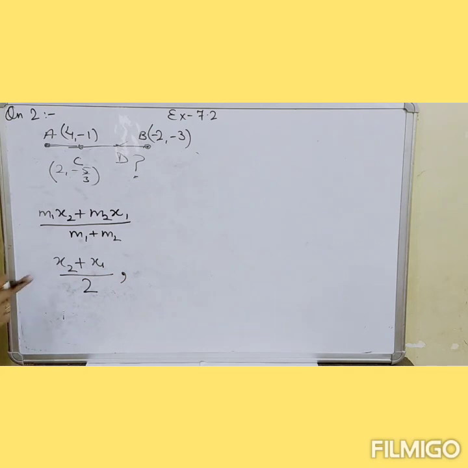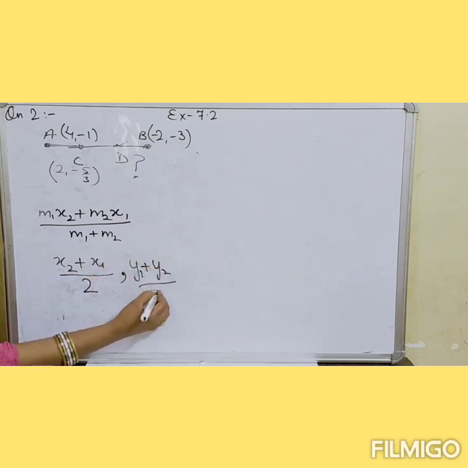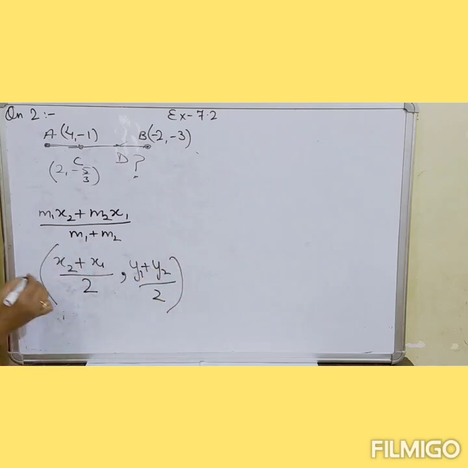This is the value of x, and in the same way, if you apply this for y, you'll get y1 plus y2 by 2. So please remember for the questions ahead that this is the midpoint formula, and we get it from the section formula when the point divides the line in the ratio 1:1.